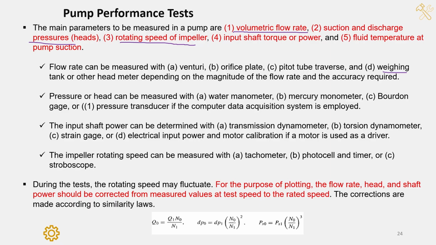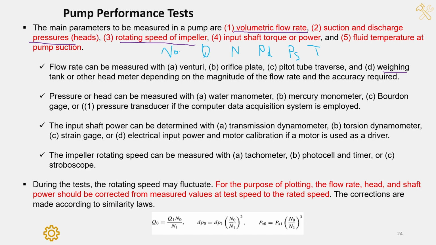Let's say this is the reading number, and then this is the volumetric flow rate, this is the N, discharge pressure, suction pressure, torque, whatever, right?